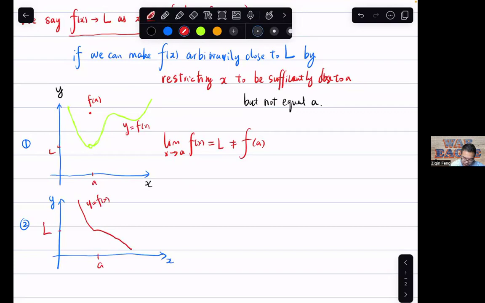So this is our point. You can see that in this case, on the left side of A and the right side of A, the function value both goes to L. As x goes to A here, f of x also equals L, and for sure it's equal to f of A.